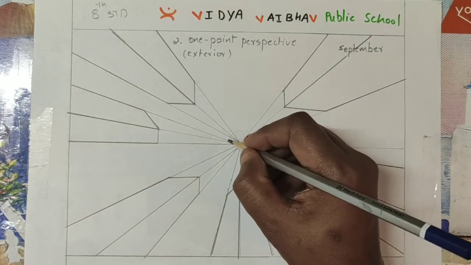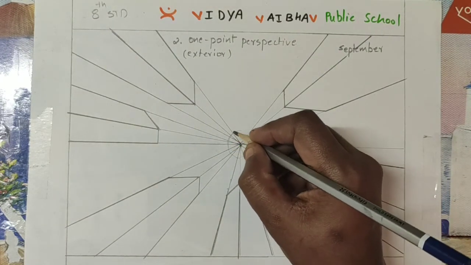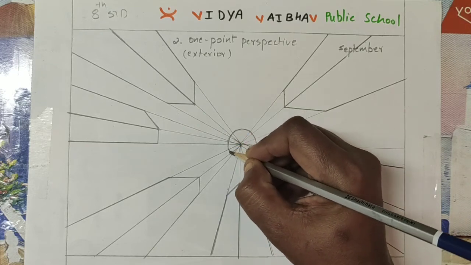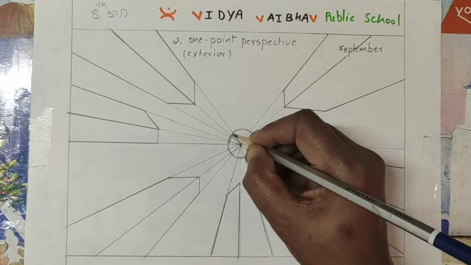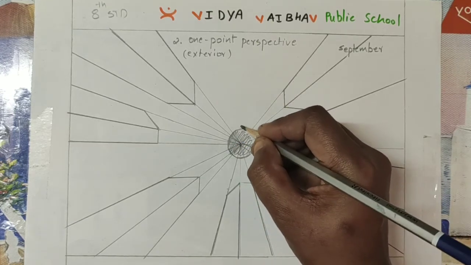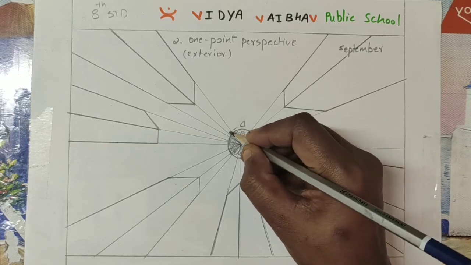And in the center draw a sun, and shade it completely and draw the sun.